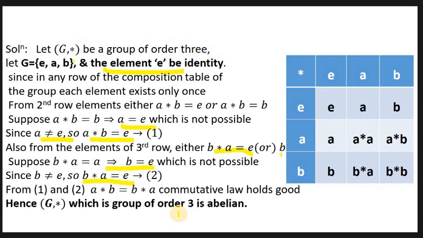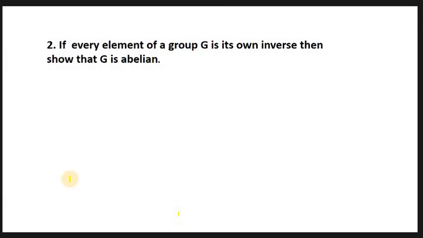Okay, now let us go to the next problem. If every element of the group G is its own inverse, then show that G is abelian. See, if every element of a group G is its own inverse, then it will be an abelian group. We have to show this.